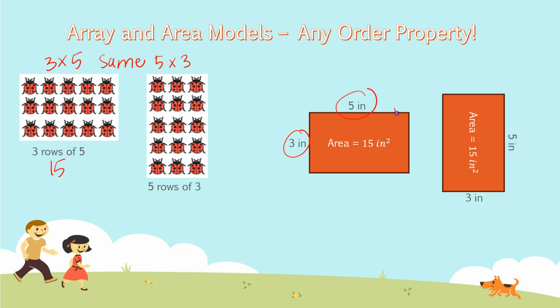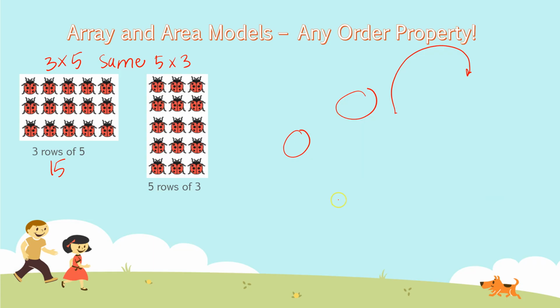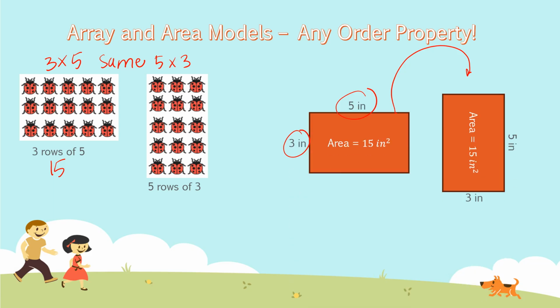But if you turn the rectangle around sideways, or if you just turn your head sideways, you will see that the area would still be the same. So again, 3 times 5 is the same as 5 times 3. So we have the any order property for multiplication. You can switch any order you want, right?